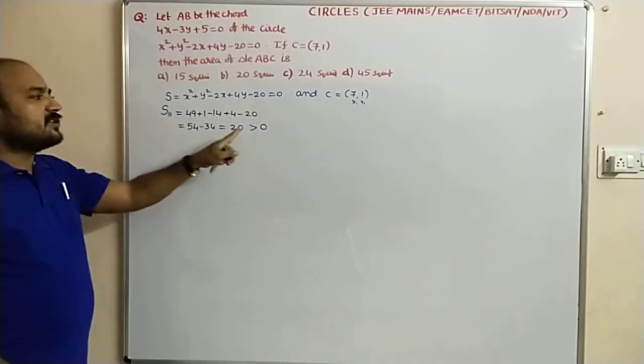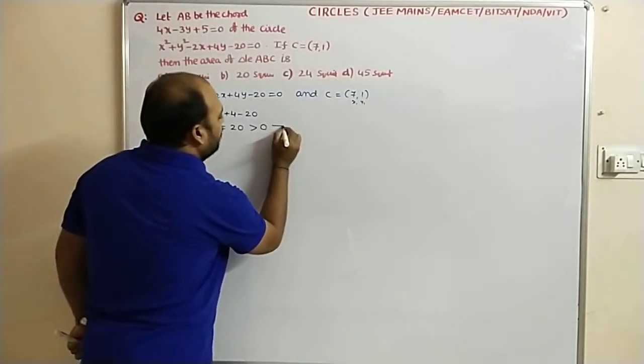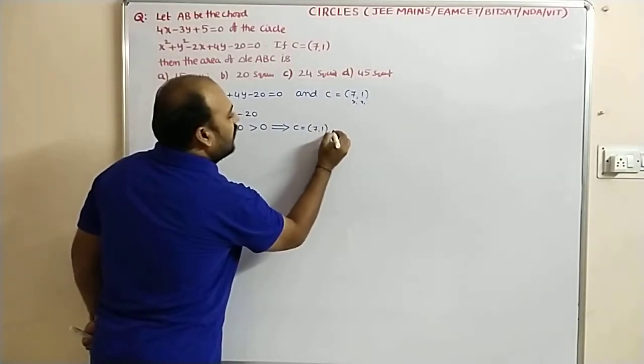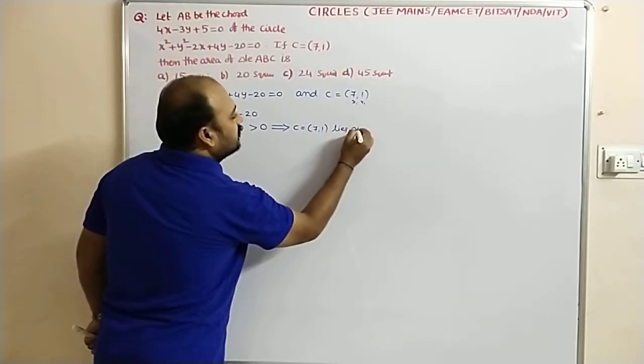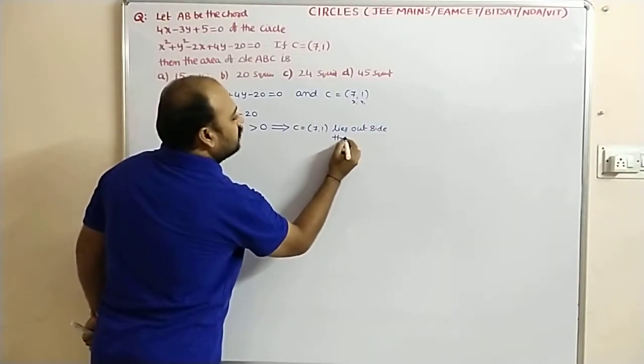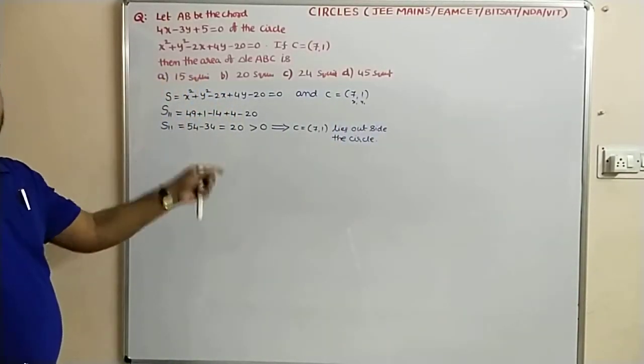Whenever S11 is greater than 0, the point is outside the circle. That implies that C equal to 7, 1 lies outside the circle.